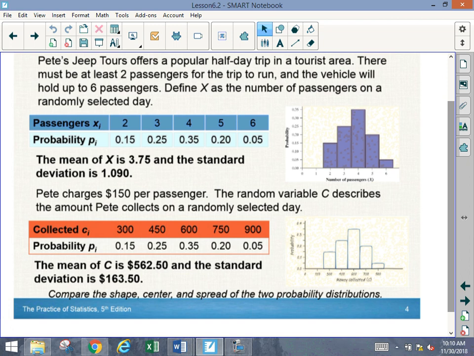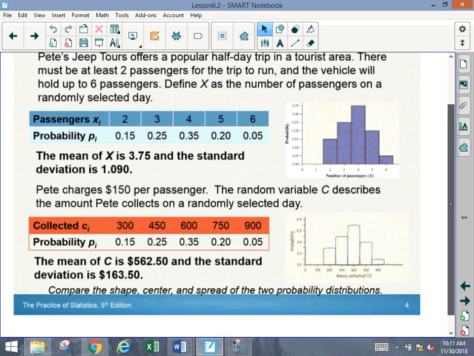Right, so that's how that mean was obtained. The standard deviation was the difference of each one of those x values and the mean, squared, times the probability of x, and those are all added up. Just kind of showing what's going on in the box.